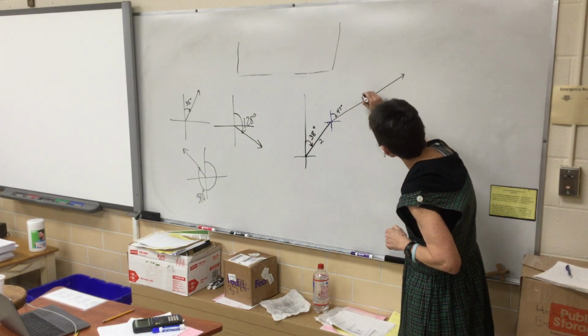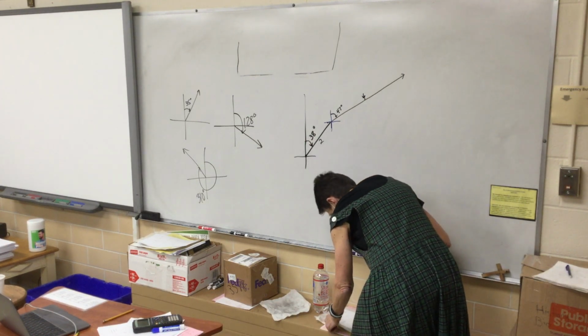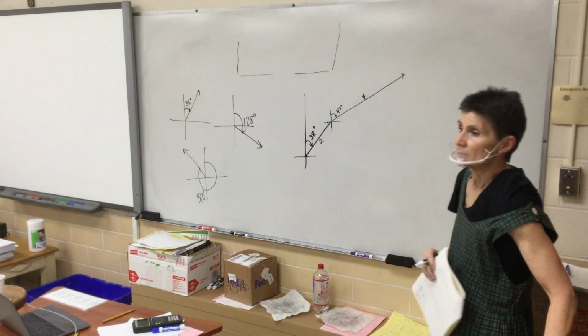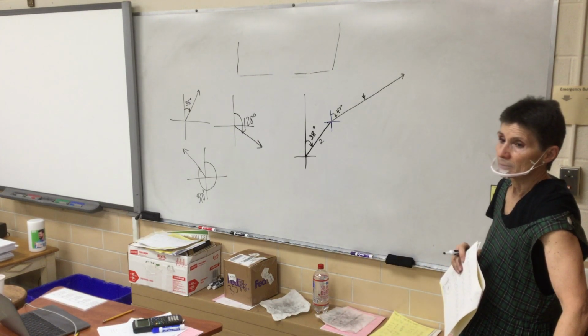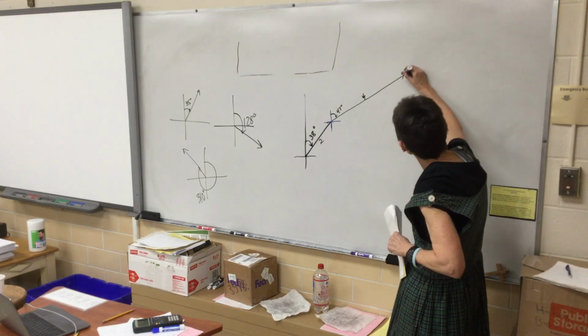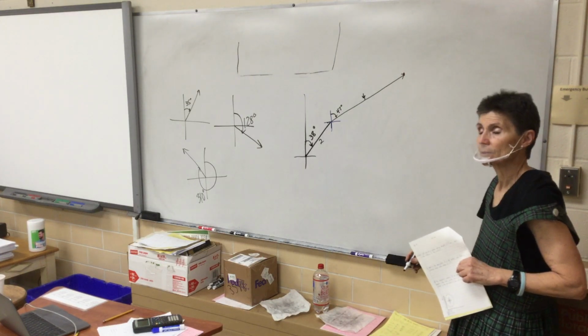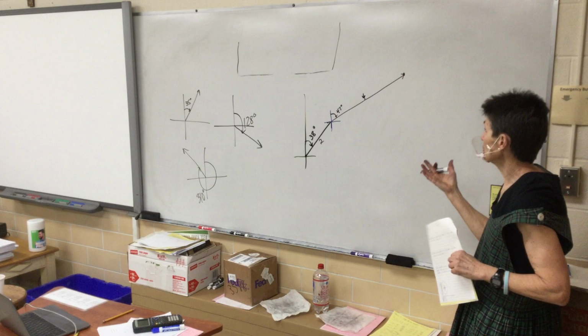And that's twice as long because he went 4 miles that time. So now this is where the ship is. And that's all you have to do, draw a picture of it.